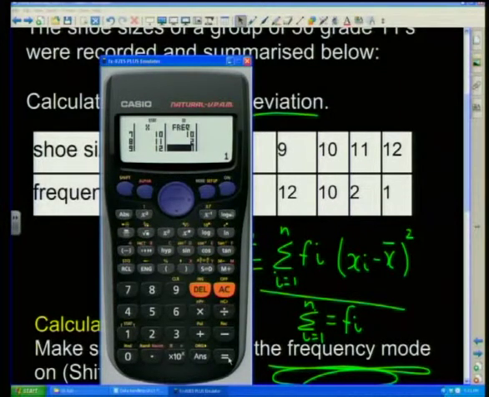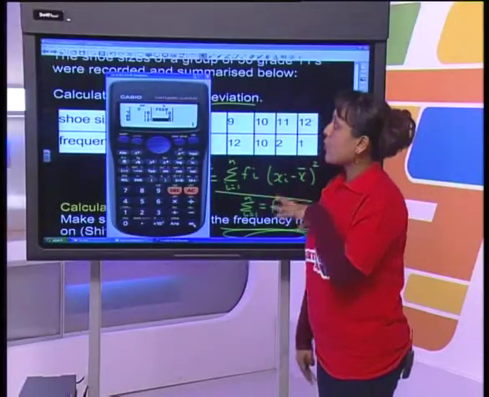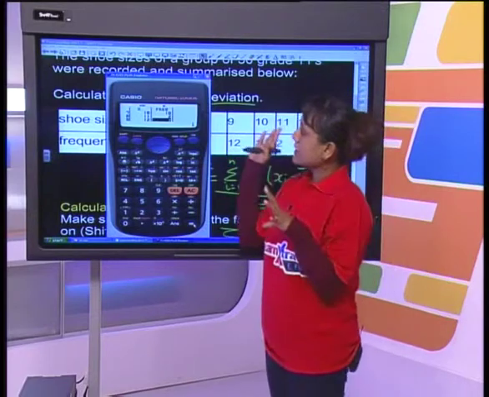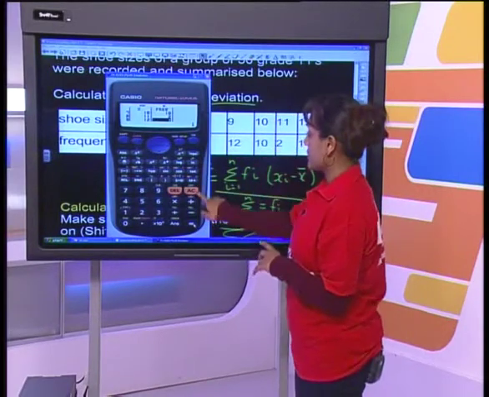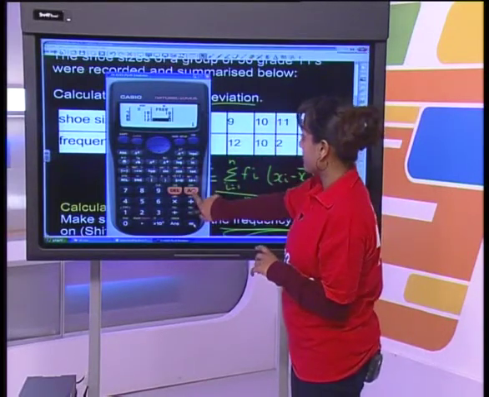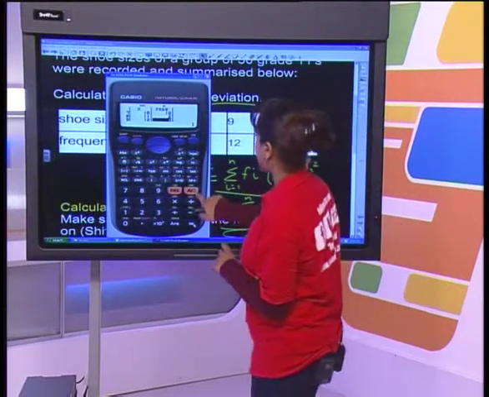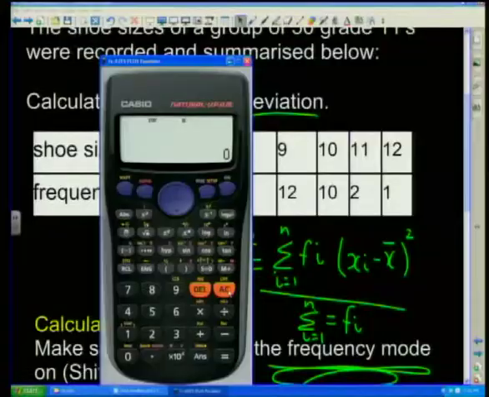Once you've got all of those values entered, we've entered all of the X values, which is the sizes of the shoes, and all of the frequency values. We now need to clear all of this out, so we're just going to say AC. Remember now we're trying to work out the variance, so we're going to call this up on our calculator.